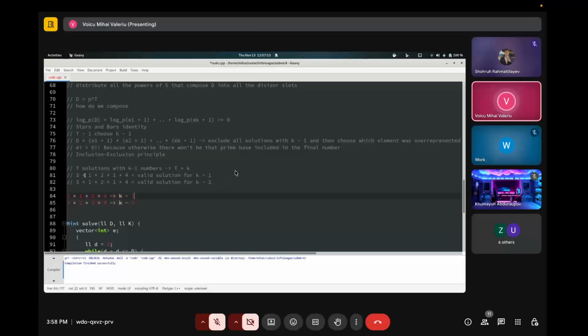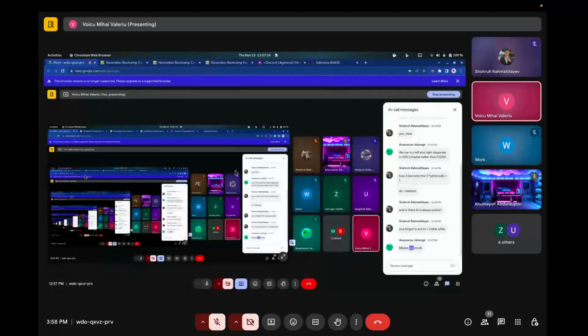In both cases, we may insert 1 on either side, and then we've basically double counted. So in such a case, we also have to exclude the solutions with k minus 2 numbers.